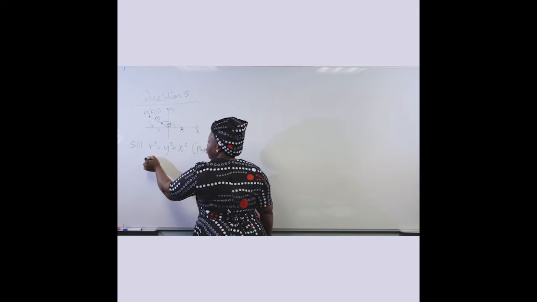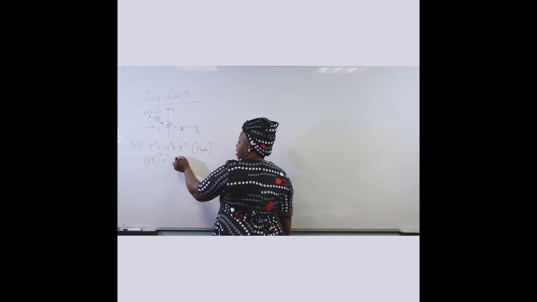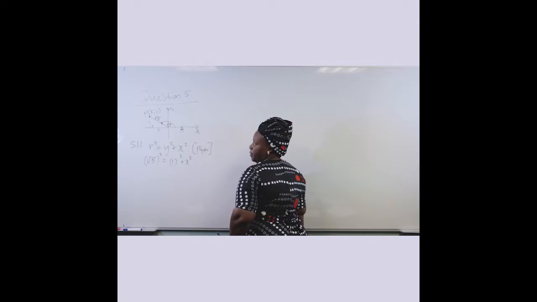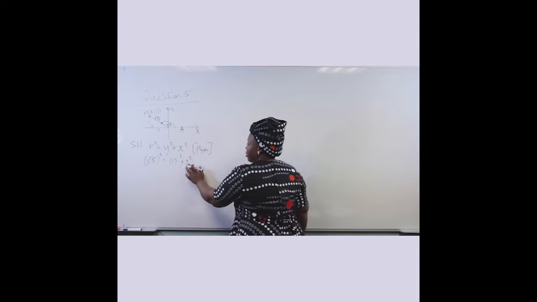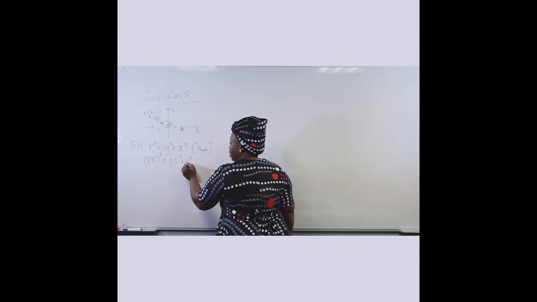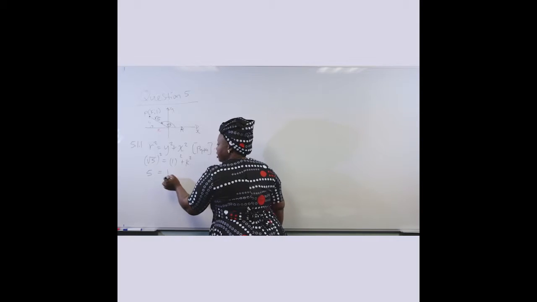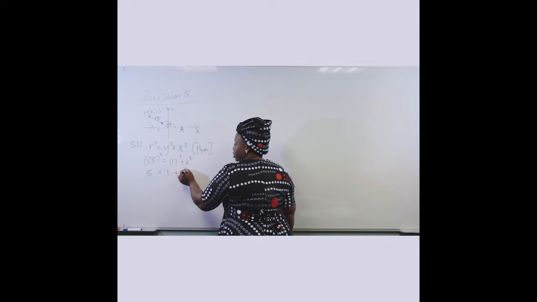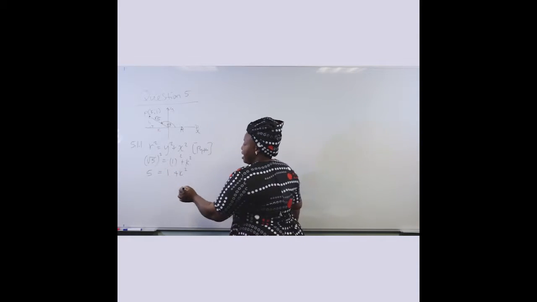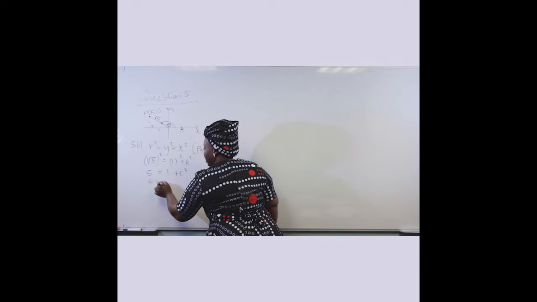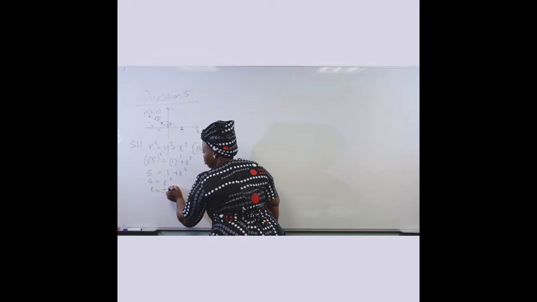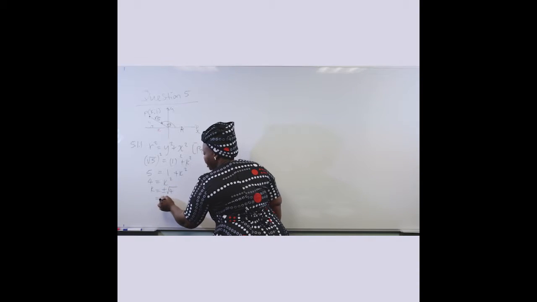Our R is the square root of 5, so we say the square root of 5 squared equals 1 squared plus K squared, where K is the X we are looking for. Simplifying, the square root of 5 squared gives 5, and 1 squared is 1, plus K squared. Doing the algebra, we have 4 equals K squared, and therefore K equals plus or minus the square root of 4, which makes K plus or minus 2.